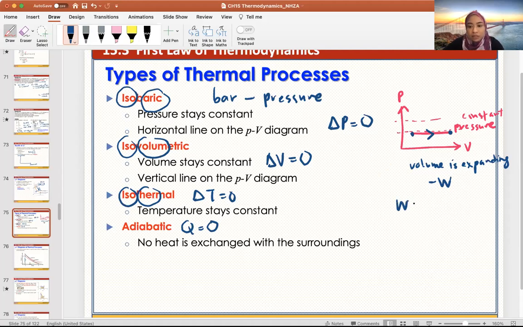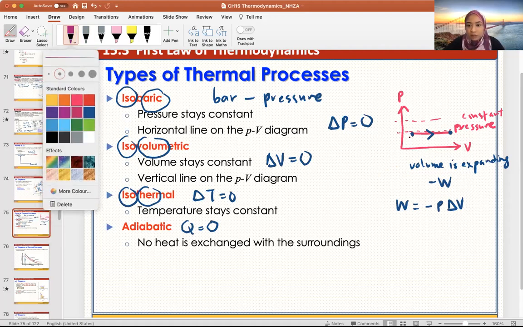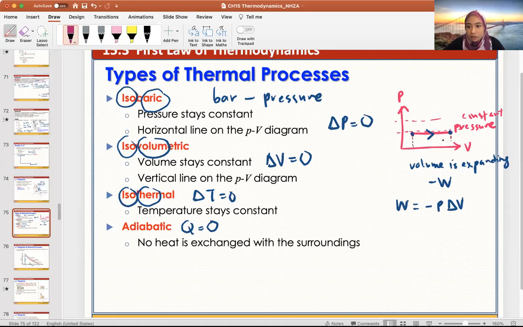Remember, work done is minus P delta V. Using this diagram, I can find out the work done by calculating the area under the graph. Is this the same as PV? Yes, it is.